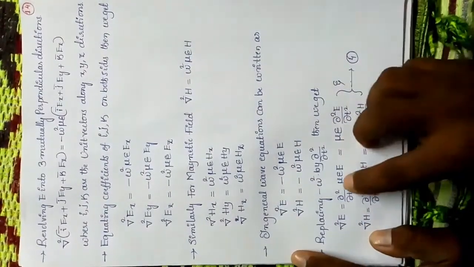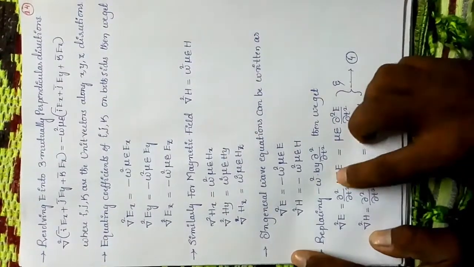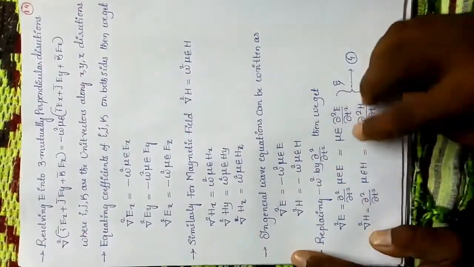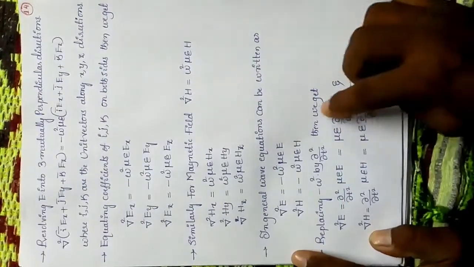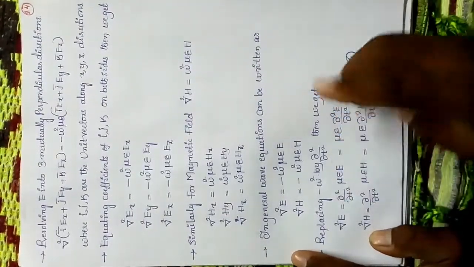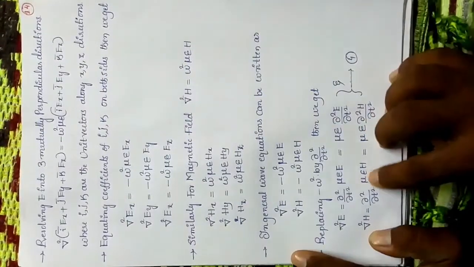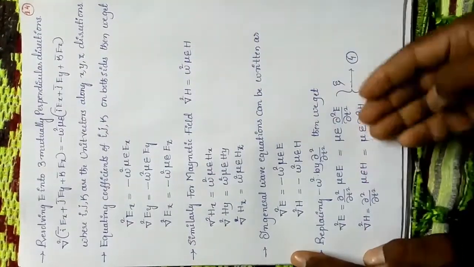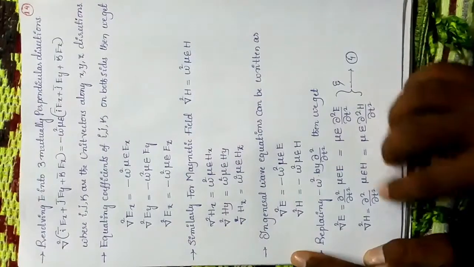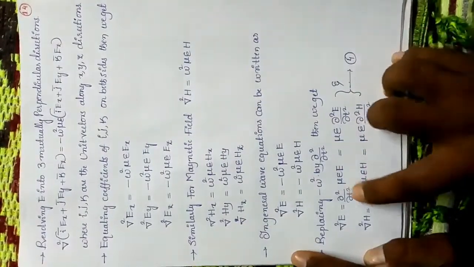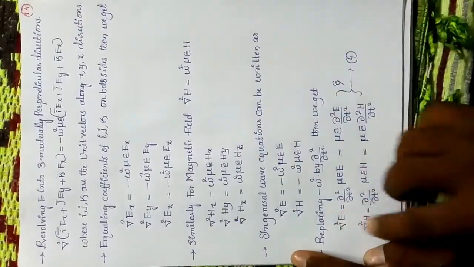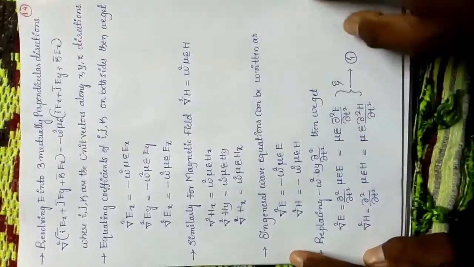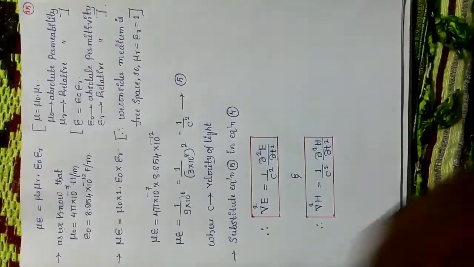Mu and epsilon are constants, so I'm taking them to the front. So mu epsilon into dou square E by dou t square is the remaining term. Here also mu epsilon is a constant term, so I'm taking it to the front. The remaining term is mu epsilon into dou square H by dou t square. These are the final expressions of del square E and del square H. Okay, this is the final expression. And the next, this is very, very important.